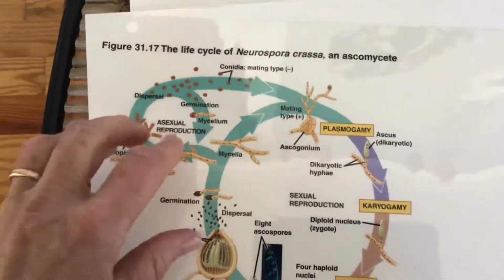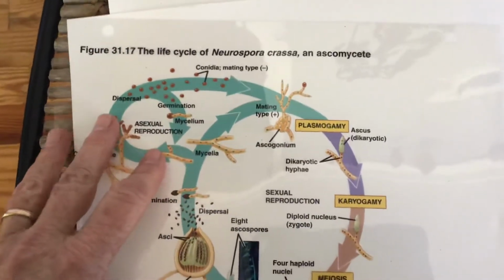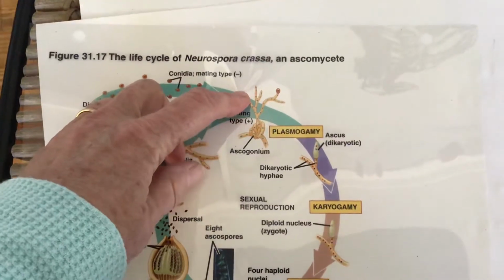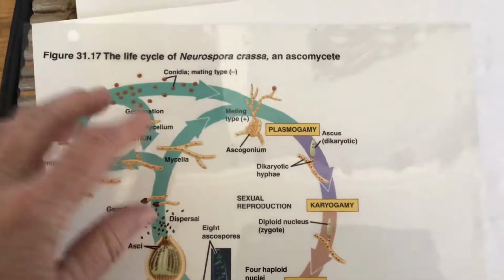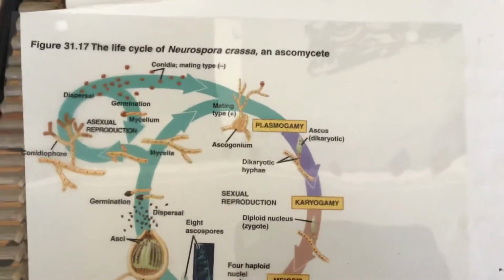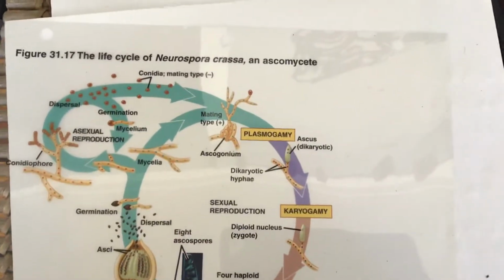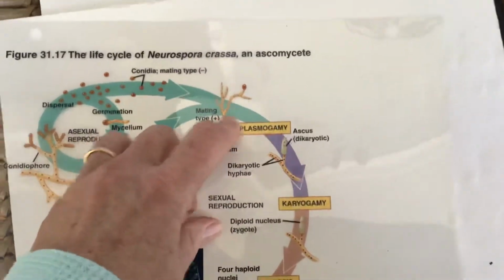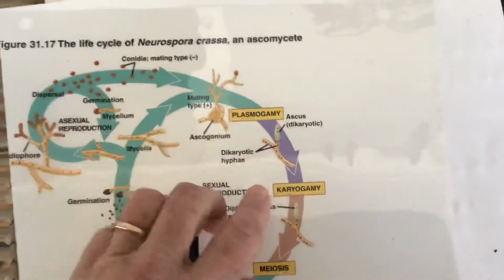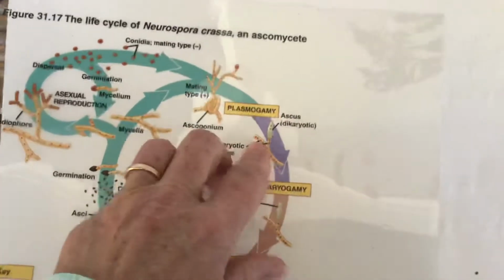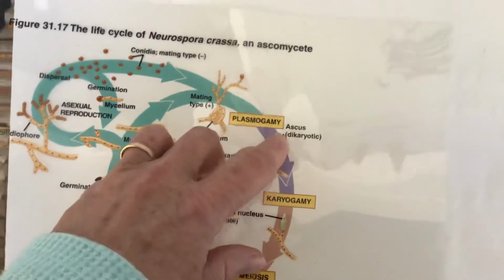But then, as in their sexual part, they're going to meet up with other mating partners, or mating types, I mean. The mating types will come together and do plasmogamy, where it becomes dikaryotic or heterokaryotic. In this case, the ascus will start to form.